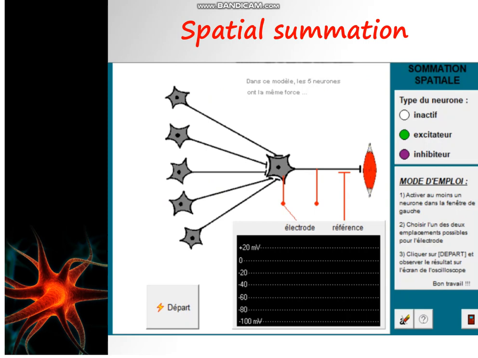Notice that the green spot indicates that the synapse between the presynaptic neuron and the postsynaptic neuron is excitatory, while the violet spot indicates that the synapse is inhibitory.